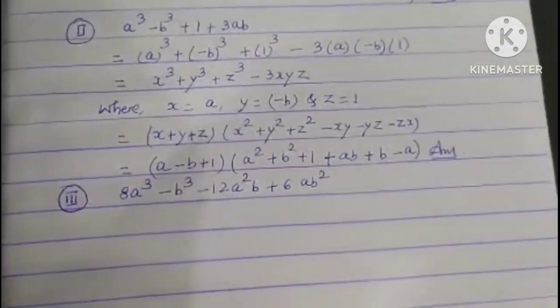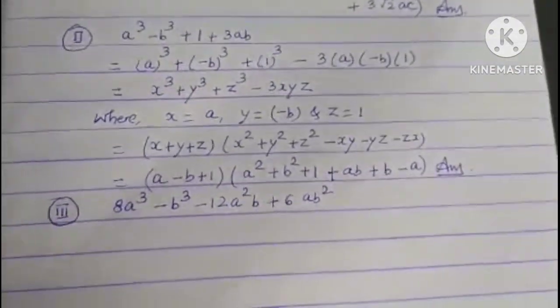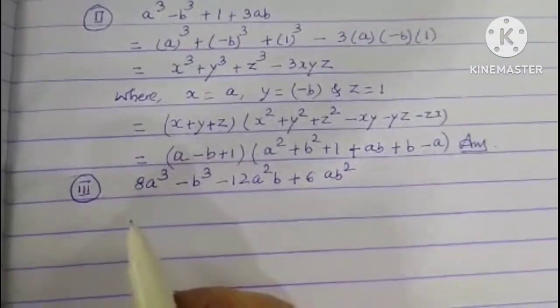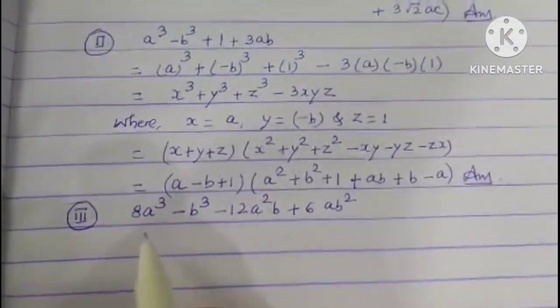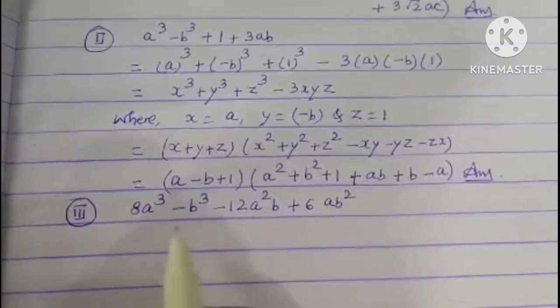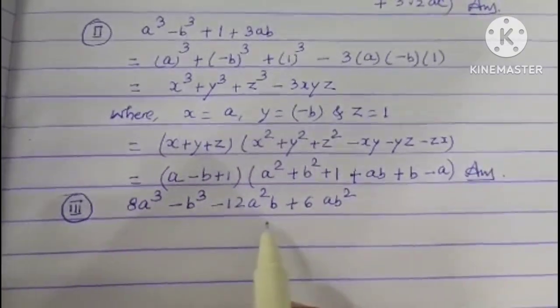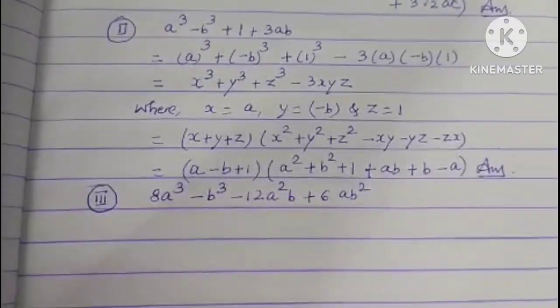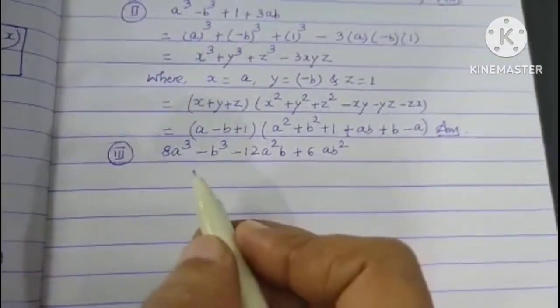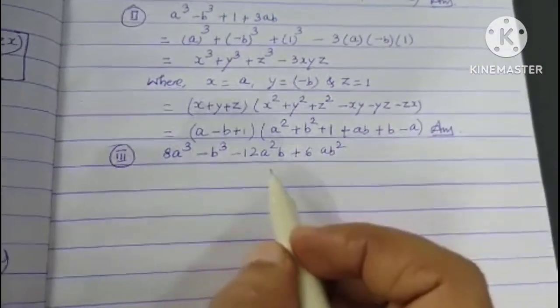Okay, let us see what we can do. So here you see that it is not in the form of x cube plus y cube plus z cube minus 3xyz.